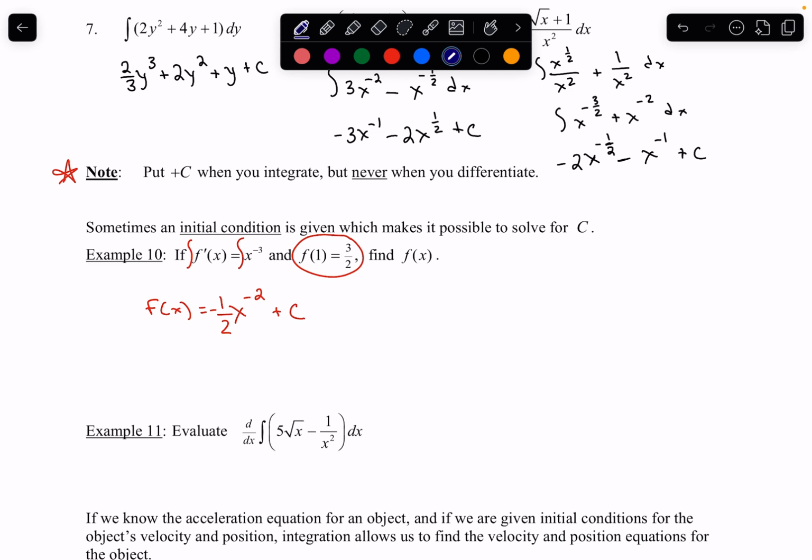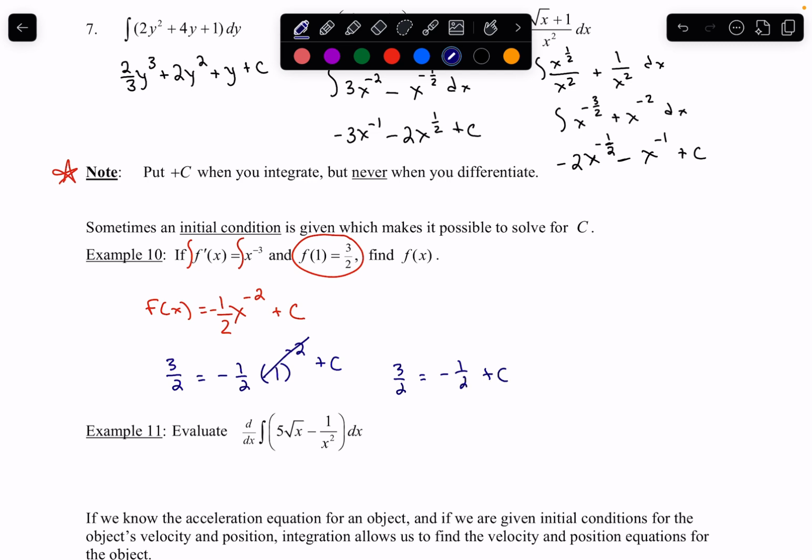value. So f of 1 is 3/2, so that means 3/2 equals negative 1/2 times 1 to the negative 2 plus c. 1 to any power just becomes 1, right? So I've got 3/2 equals negative 1/2 plus c.